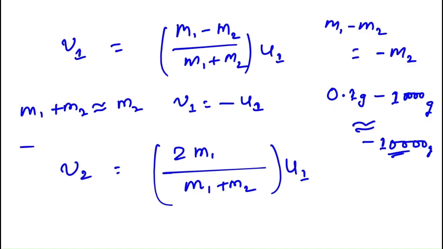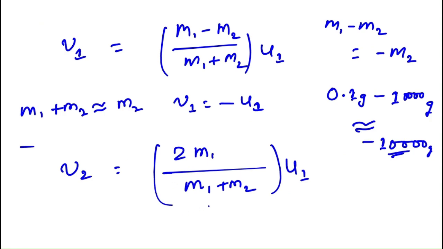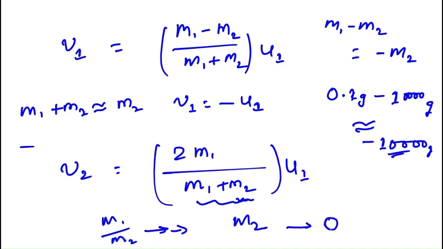Let's check from here, and it should give the same result as we can guess, because this body M2 is not going to move at all. Maybe there is a little movement, but roughly we can say this body is not going to move. So M2 is much greater than M1, so M1 by M2 is a very small quantity, that is, nearly 0.